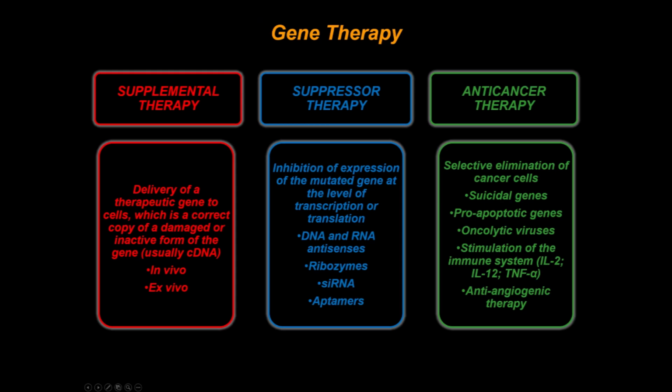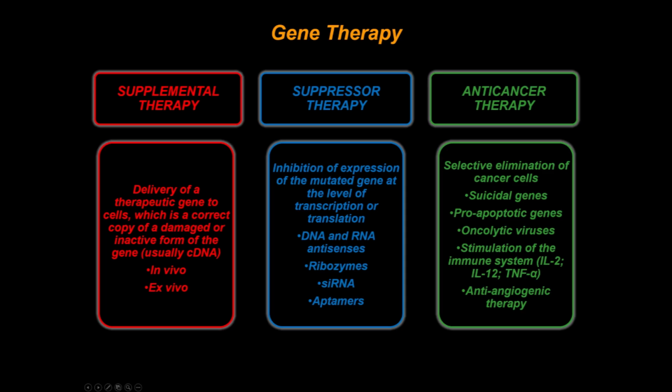Cancer is the result of the accumulation of many changes in the genetic material, therefore the repair of all damaged genes would be ineffective, and therefore most often attempts are made to selectively eliminate neoplastic cells by acting directly using suicidal or pro-apoptotic genes, or indirectly stimulating the immune system or using anti-angiogenic therapy.